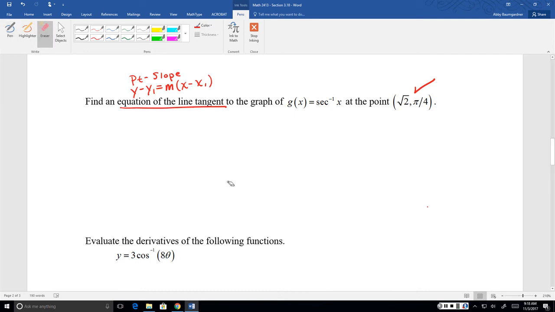Remember the way we find the slope for a tangent line is we find the derivative and evaluate it at the point. So g prime of x is the derivative of inverse secant. So we would get 1 over absolute value of x square root of the argument squared minus 1, and my argument here is an x.